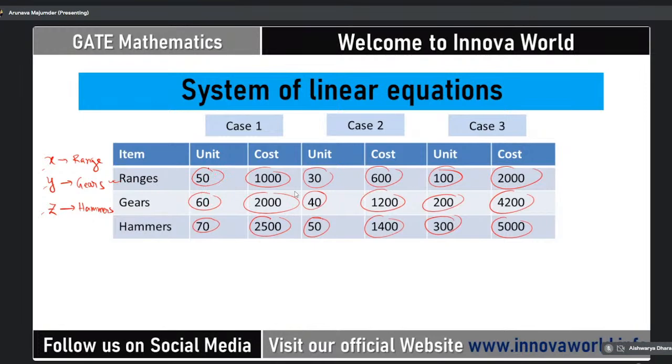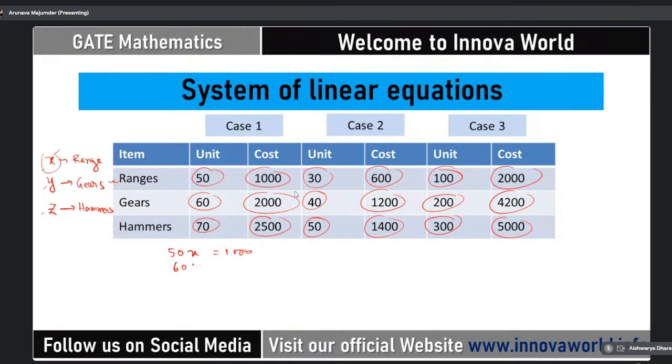The ranges are 50, and x is the per unit cost. So 50 units of range is 50x, which is equal to 1000. That is, 50 units of ranges cost 1000.